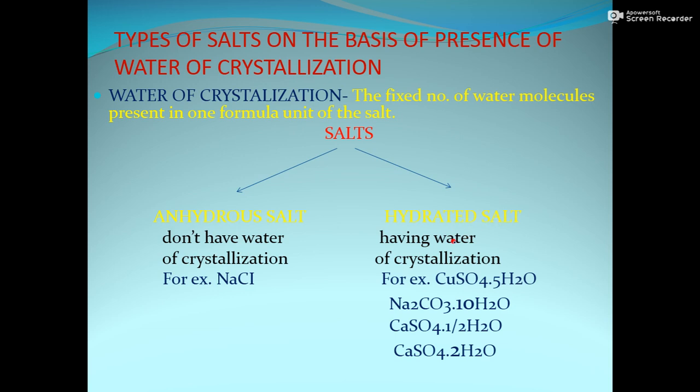Hydrated salt means having water of crystallization, and these are the examples. Sodium chloride is an anhydrous salt, whereas copper sulfate, sodium carbonate, calcium sulfate are hydrated salts, as they contain 5H2O, 10H2O, half H2O, 2H2O. So these are the water molecules which are present in them.